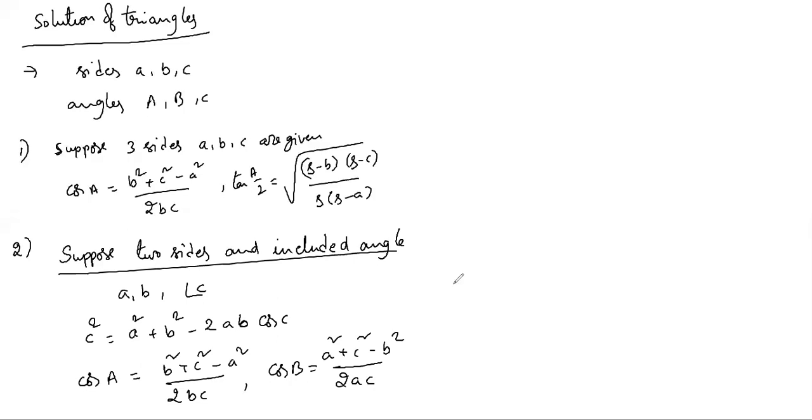So next, third one, this is the ambiguous case. Suppose two sides and one of the angles opposite to these sides are given.